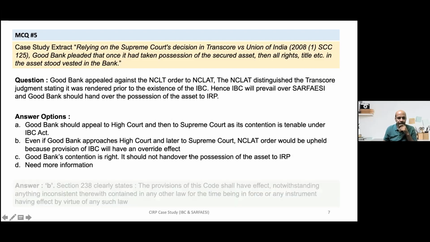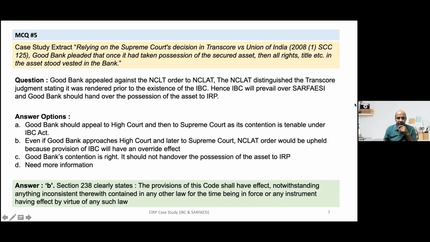Okay. So the idea to cover this question was to highlight section 238. This is a very important section, and I think we have many case laws on this also. Section 238 clearly states that the provisions of this code shall have effect, notwithstanding anything inconsistent therewith contained in any other law for the time being in force, or any instrument having effect by virtue of such law.